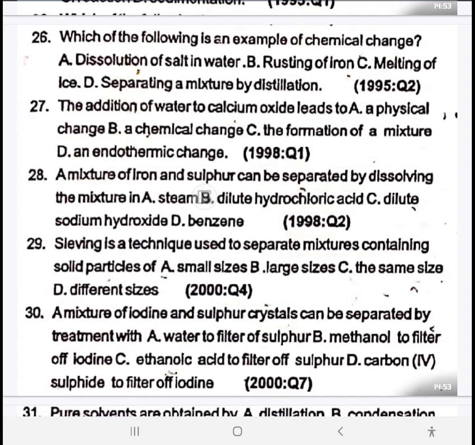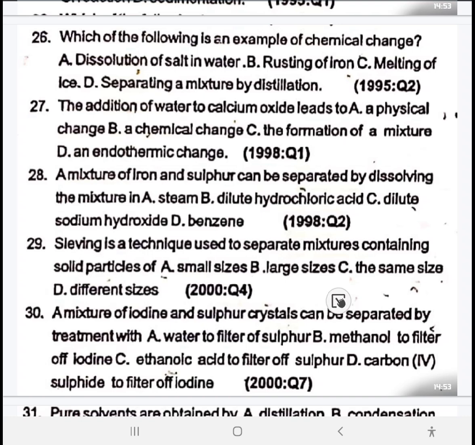Benzene is not a solvent for iron or sulfur, so you can't use benzene to separate them. Sulfur will not dissolve in steam, and iron will not dissolve in dilute sodium hydroxide. So the best answer here is option B, hydrogen chloride. If you have questions about this, or need more clarity, let me know in the group.